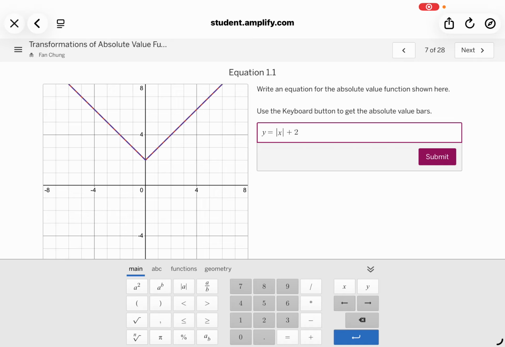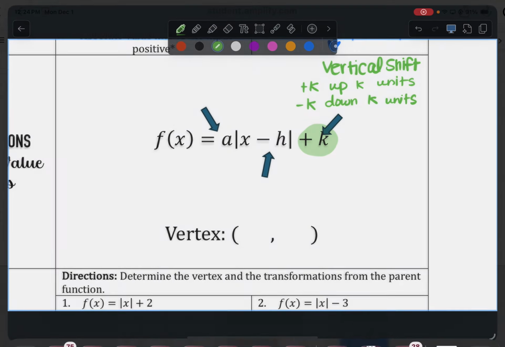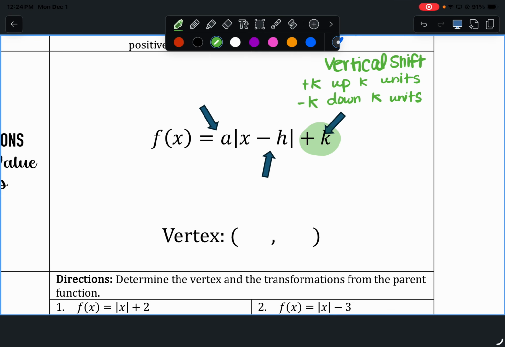Okay? So whatever we add or subtract is going to move our graph up or down that many. When it moves up or down, what part of it is it specifically moving? The vertex. So when we are looking at this part right here, the y value of our vertex is directly changed by whatever k is.